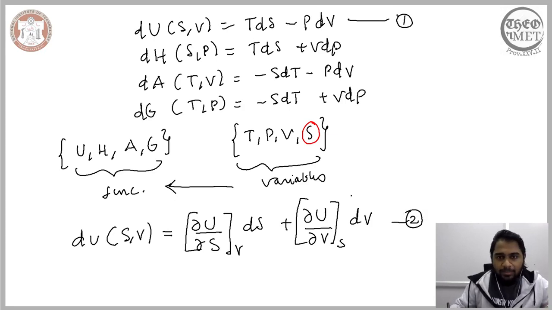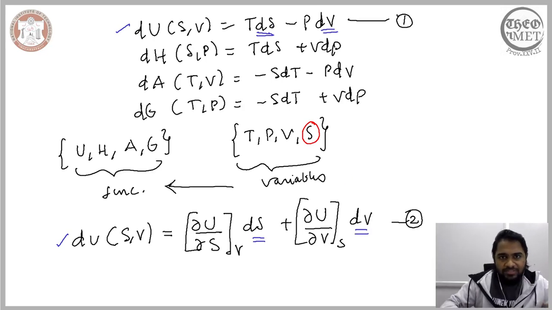Now let us compare equation 1 and 2. We see that the left hand side of both these equations are equal, and on the right hand side you have certain common terms, that is dS and dS are common, and dV and dV are common.